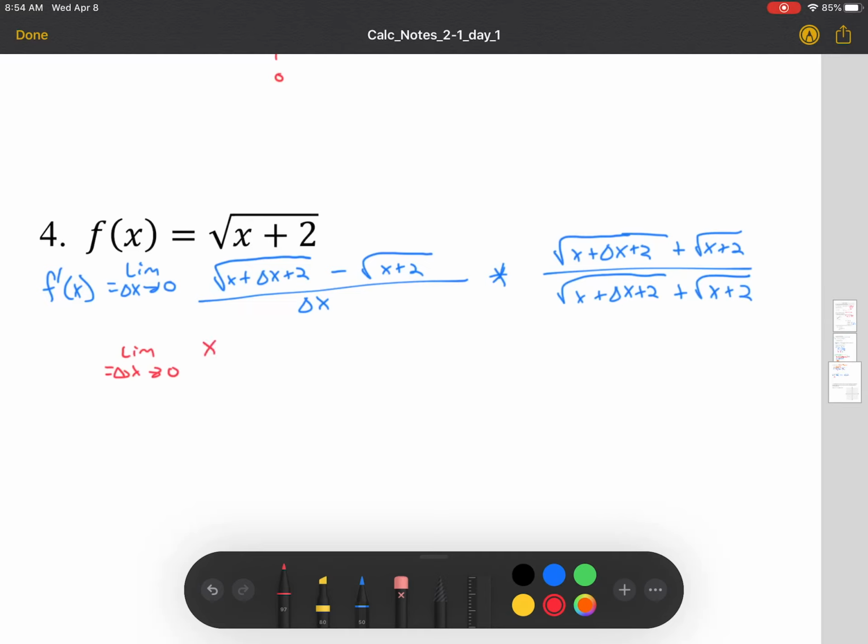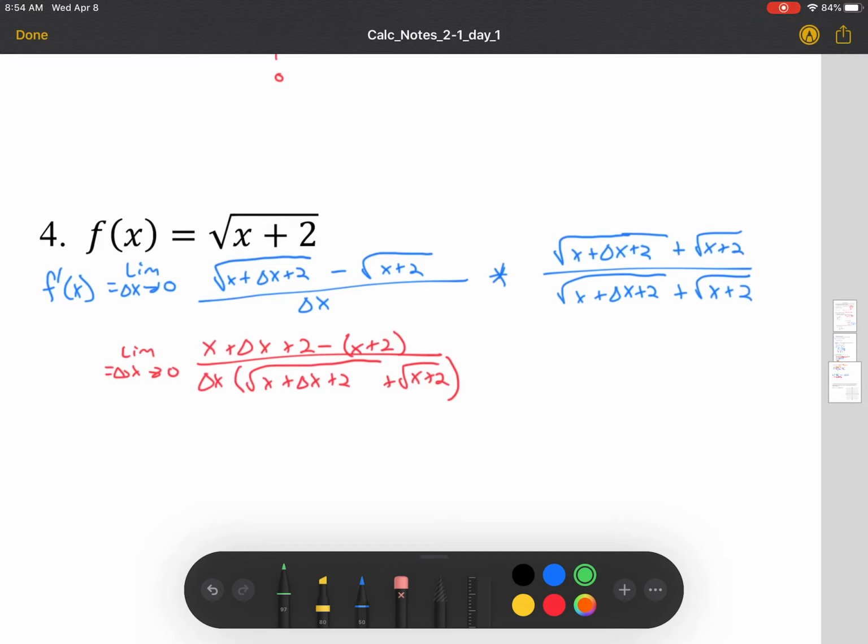Should be left with something that looks a little bit like this. X plus delta x plus 2 minus x plus 2, all over delta x times the square root of x plus delta x plus 2 plus the square root of x plus 2.